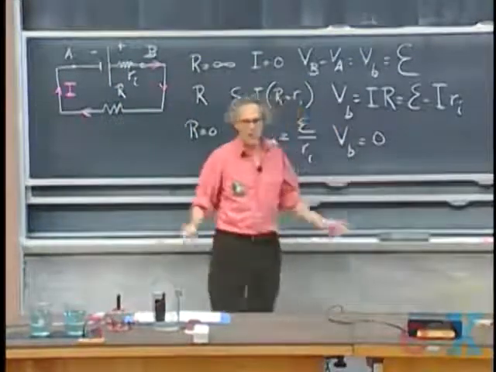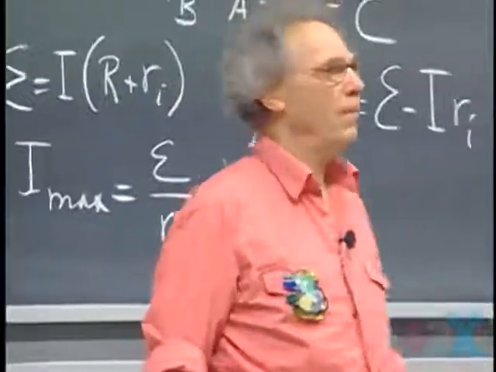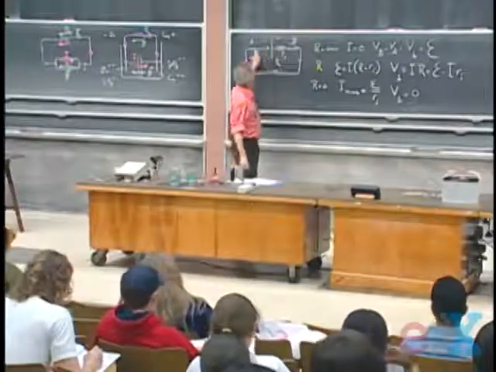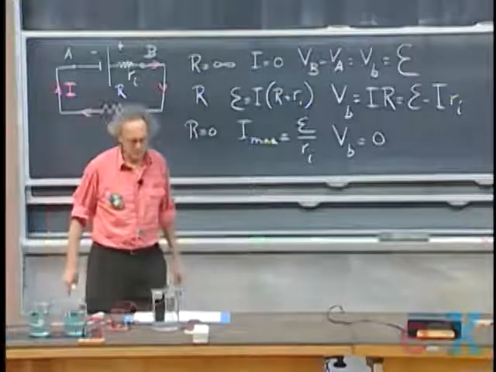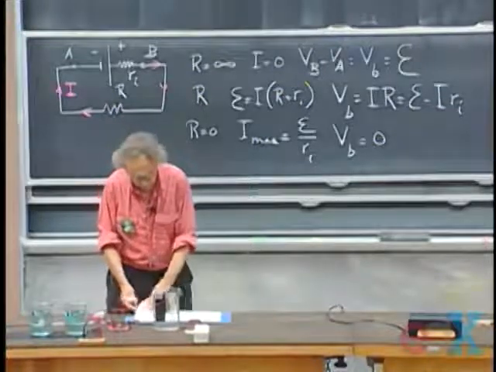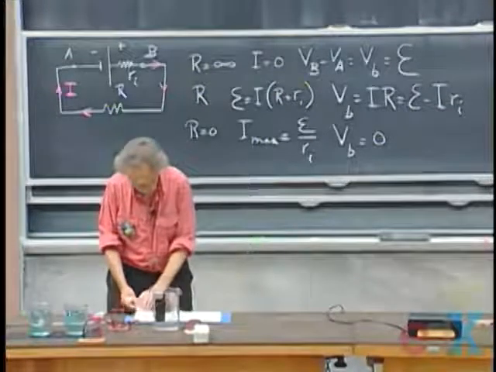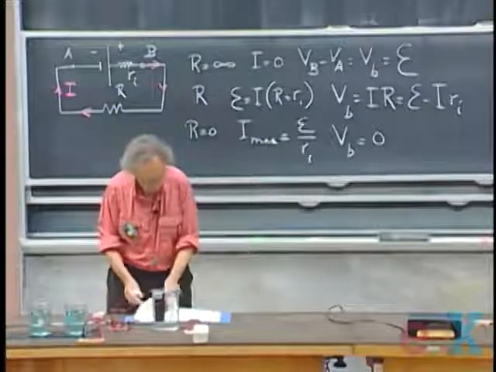It doesn't mean that there is no current running, but it means that between these points, your potential difference goes down to 0. Shorting out a battery, of course, is not a very smart thing to do.